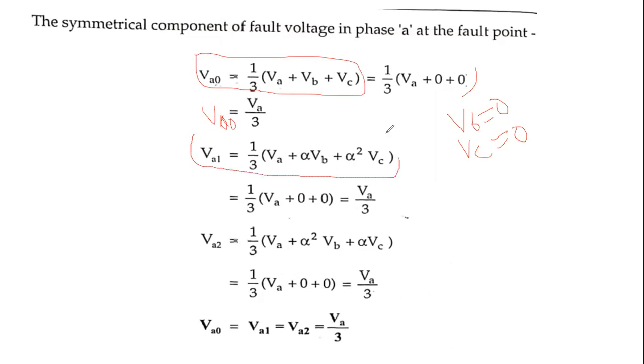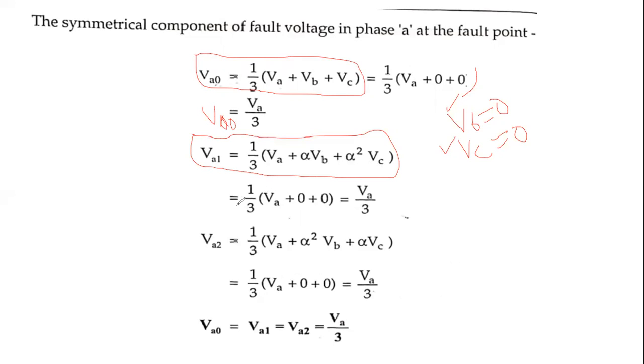Okay, next we calculate VA1. What is the formula for VA1? VA1 is equal to 1 by 3 into VA plus alpha VB plus alpha square VC. We substitute VB equal to 0 and VC equal to 0 in this equation.